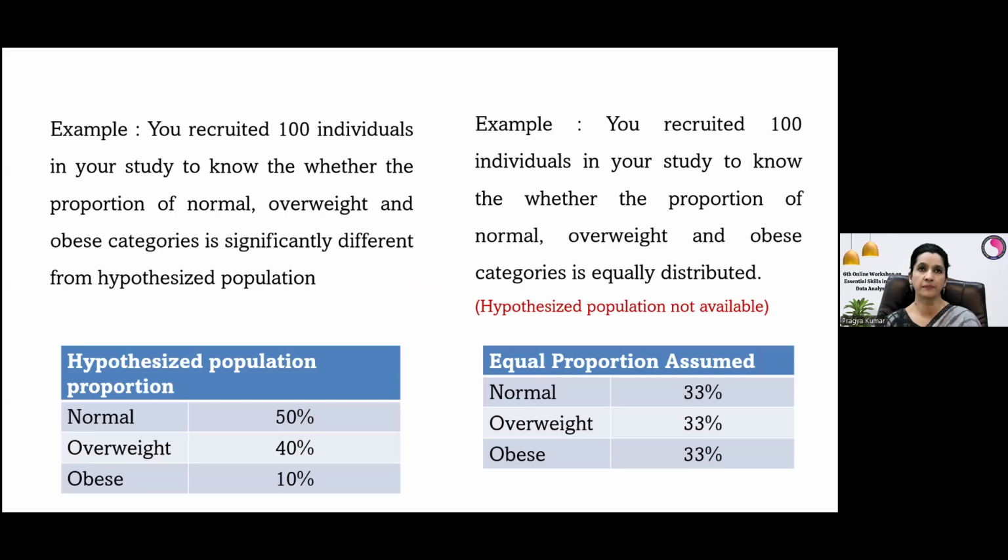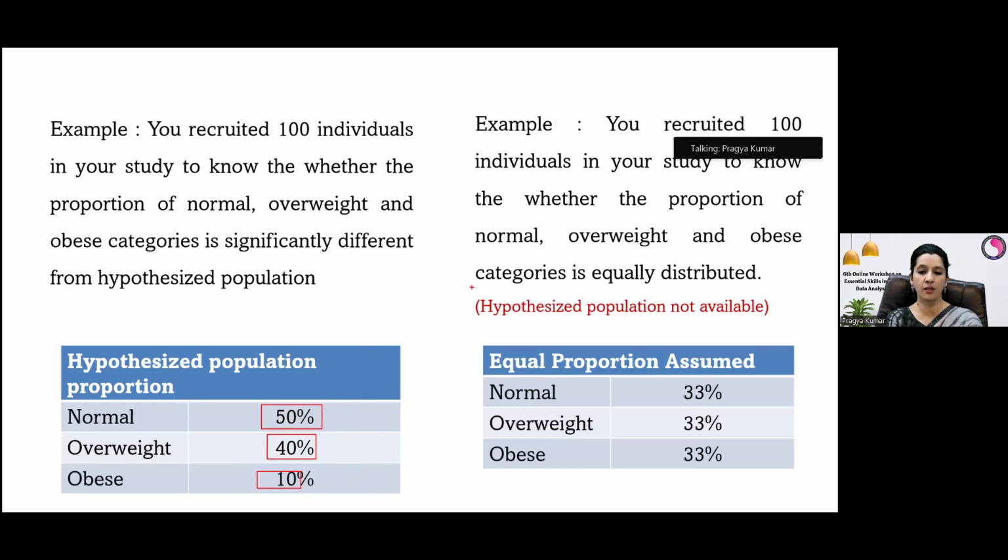For example, if I have recruited 100 individuals in my study and I want to know whether the normal, overweight or obese categories are different or similar, and this is my hypothesized proportion: 50% of the children are normal, 40% are overweight, and 10% obese.